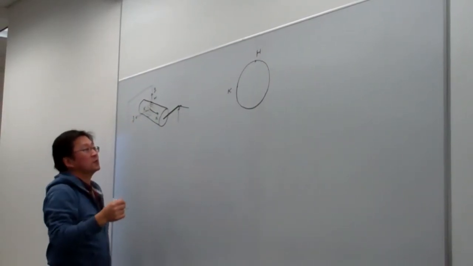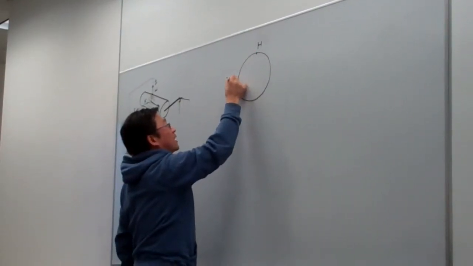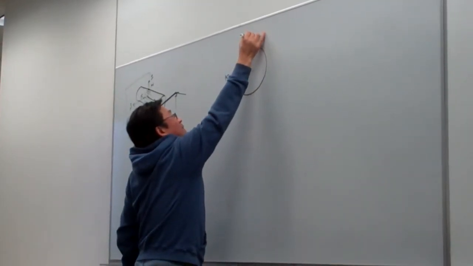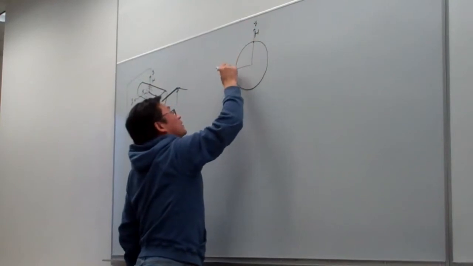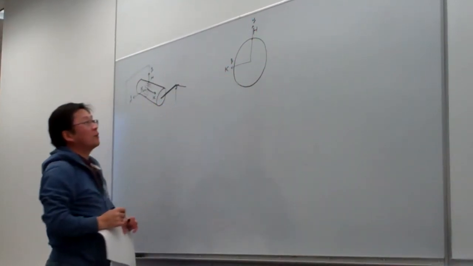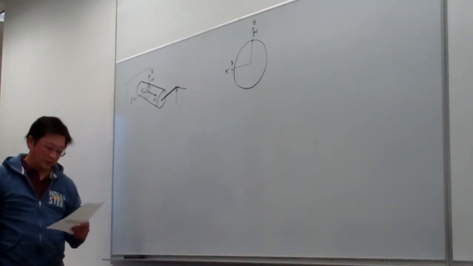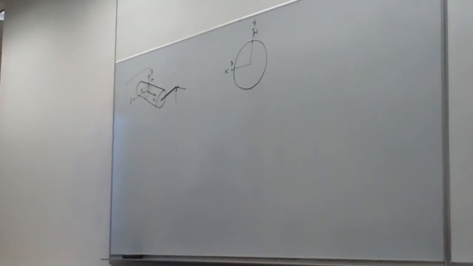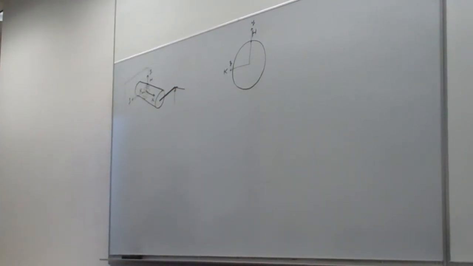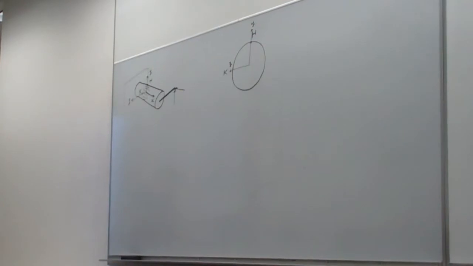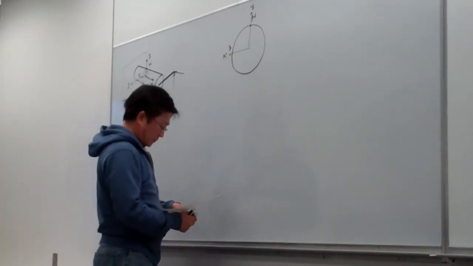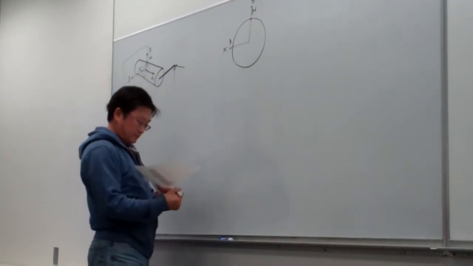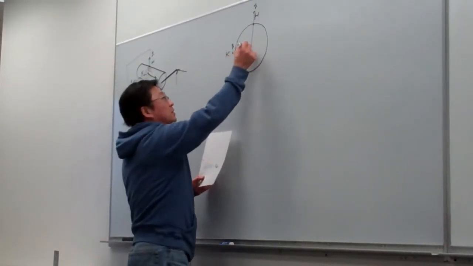Z. So in terms of the cross section, that is Y and Z. And what we had last time is quite a bit of loading.